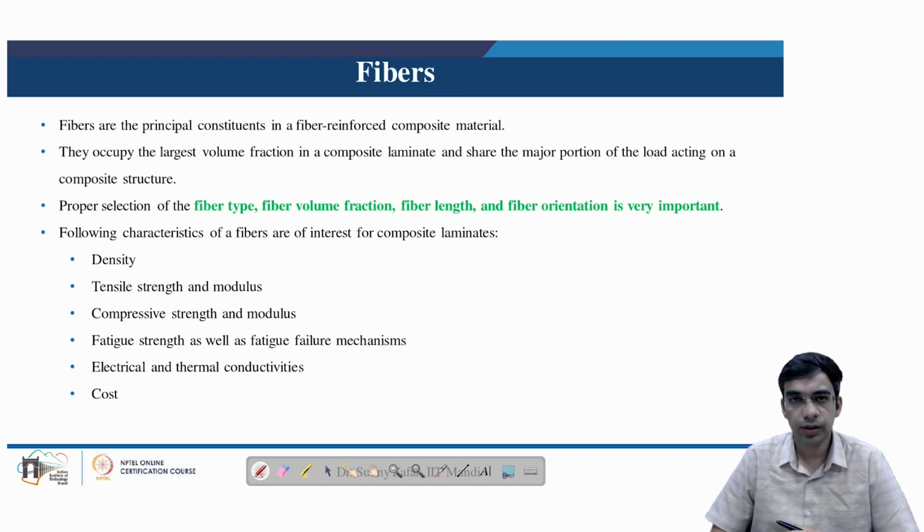So this includes density of the fibers, tensile strength and modulus, compressive strength and modulus, fatigue strength, as well as fatigue failure mechanisms, electrical and thermal conductivities, and the cost of the fiber. So all these factors largely decide which fiber and what quantity of fiber will go into any composite component.